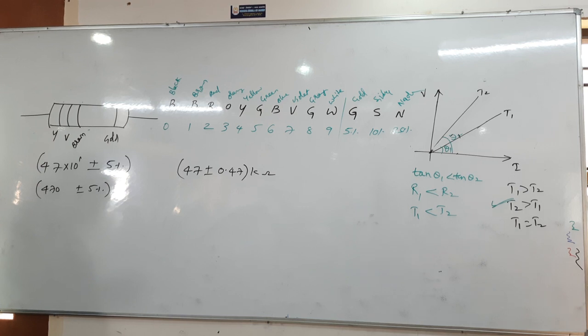Then the color code sequence will be what? Okay, yellow, violet, then black.